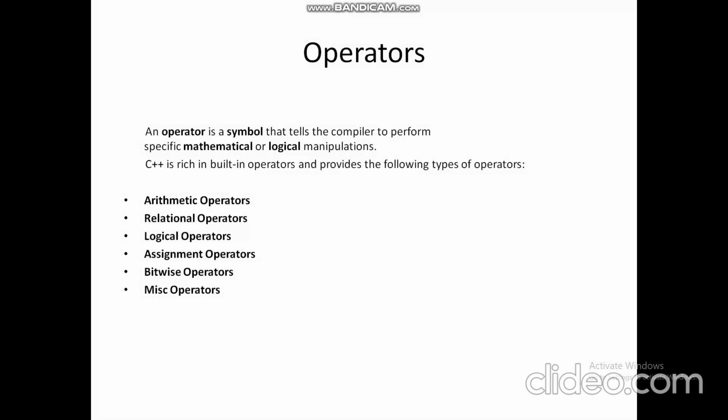Basically, an operator is a symbol that tells the compiler to perform a specific mathematical or logical manipulation. C++ has various built-in operators, and the points you can see are the types of operators: arithmetic, relational, logical, assignment, bitwise and misc.